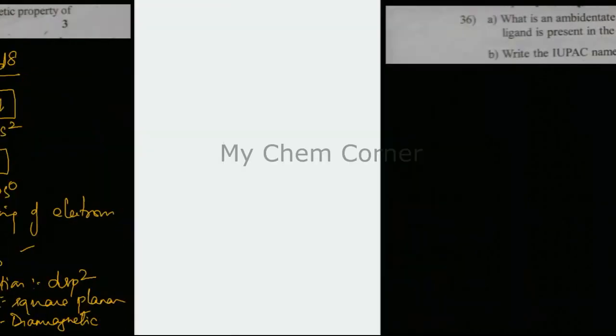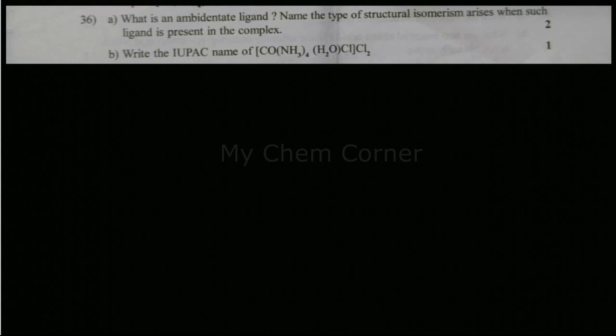Alright, now last question under part C, that is again from coordination compound. What is an ambidentate ligand, and name the type of structural isomerism that arises when such a ligand is present in the complex.